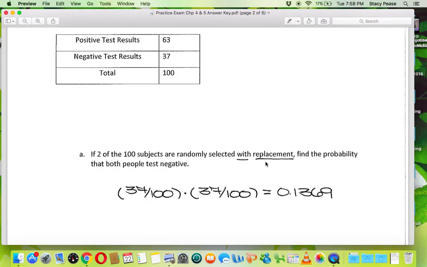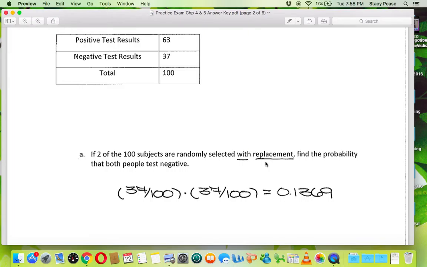So we talked about this, like sometimes if you enter a raffle, you're eligible for more than one prize. So even if you win a prize on the first round, you're still eligible to be drawn again for another prize later on. So that would be with replacement.